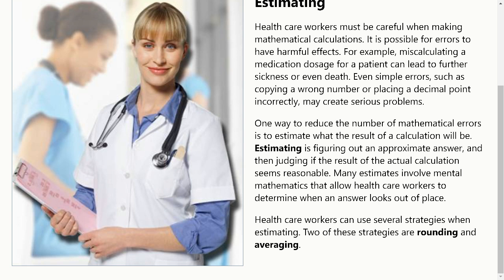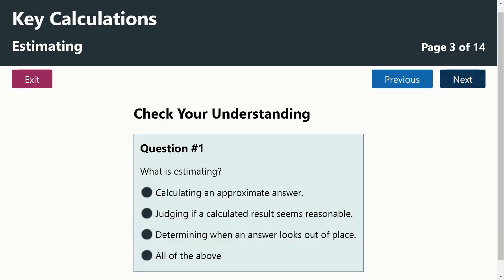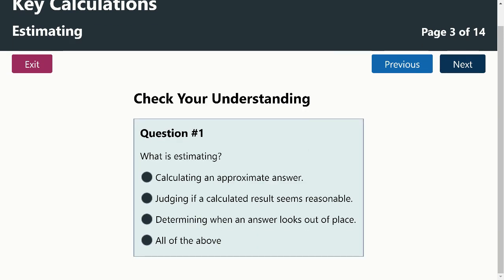Two strategies are rounding and averaging. What is estimating? All of the above: calculating an approximate answer, judging if a calculated result seems reasonable, and determining when an answer looks out of place.